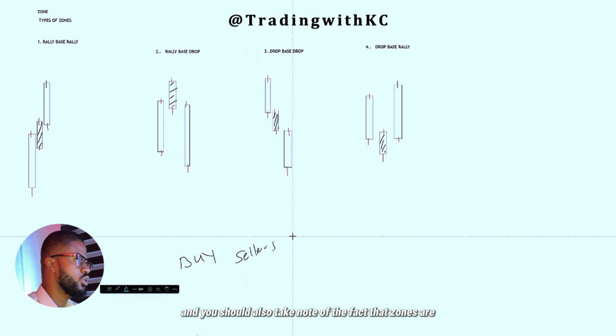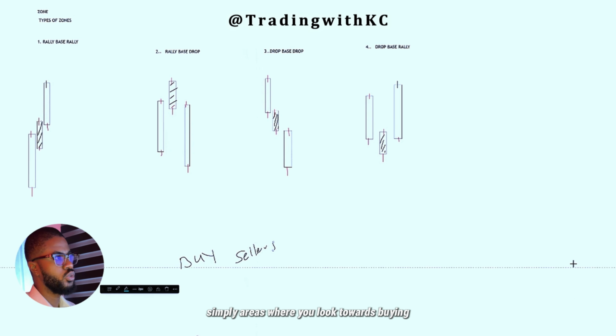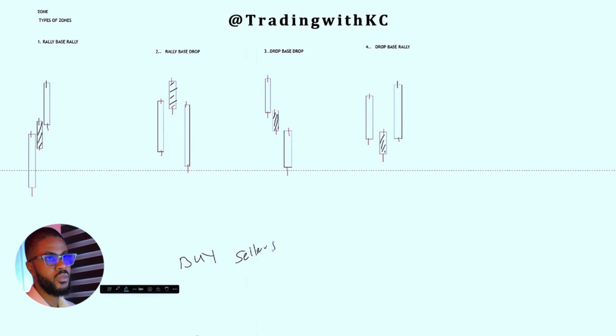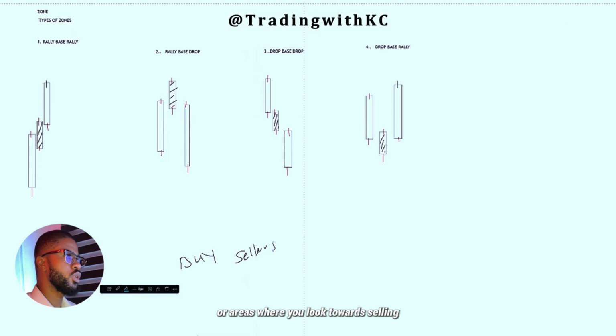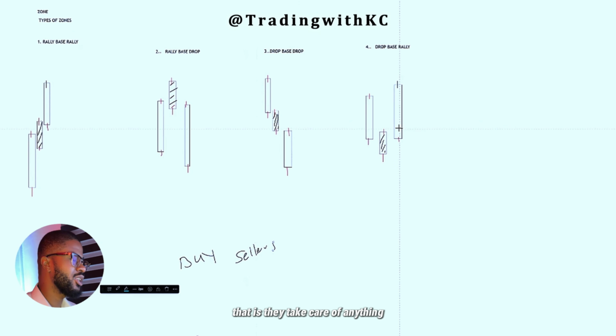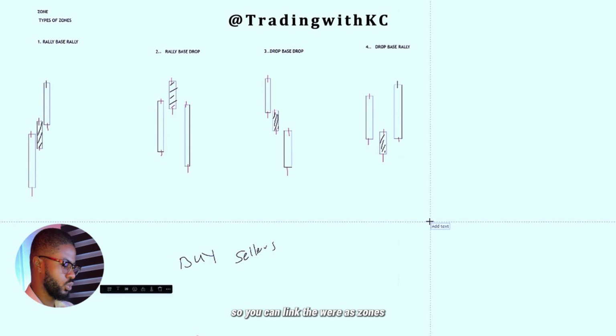Zones are simply areas where you look towards buying or areas where you look towards selling. That is, they take care of the where in trading. So you can link the where to zones.